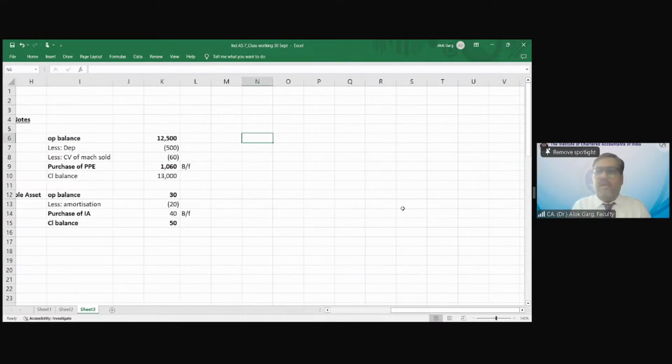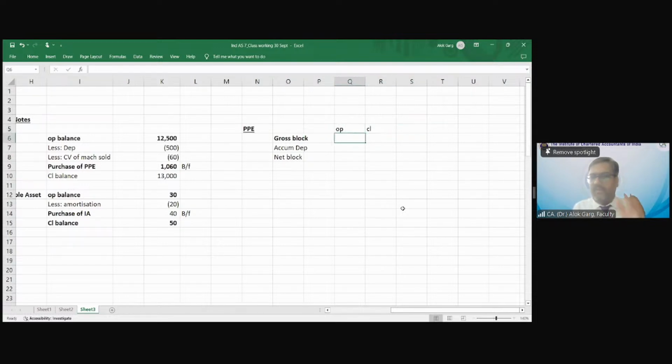How does PPE arrive in the balance sheet? Gross block, accumulated depreciation. What is accumulated depreciation? It is provision for depreciation, right? And then your net block. For example, opening balance, closing balance.